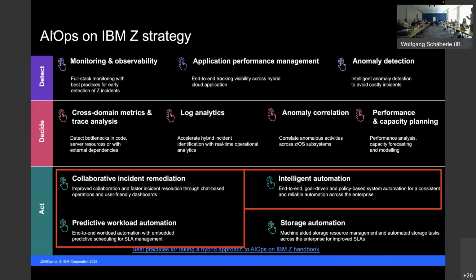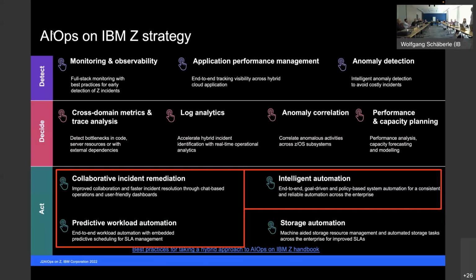So we have created this set of best practices for our IBM Z AIOps portfolio, created these different capability categories: detect, decide, and act, aligned with the typical problem isolation workflow: detecting a problem, deciding what to do, acting to fix the issue.